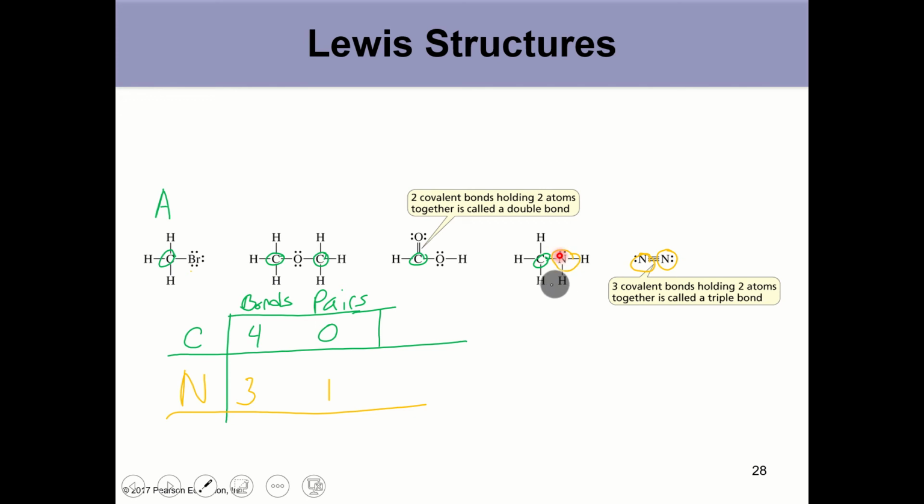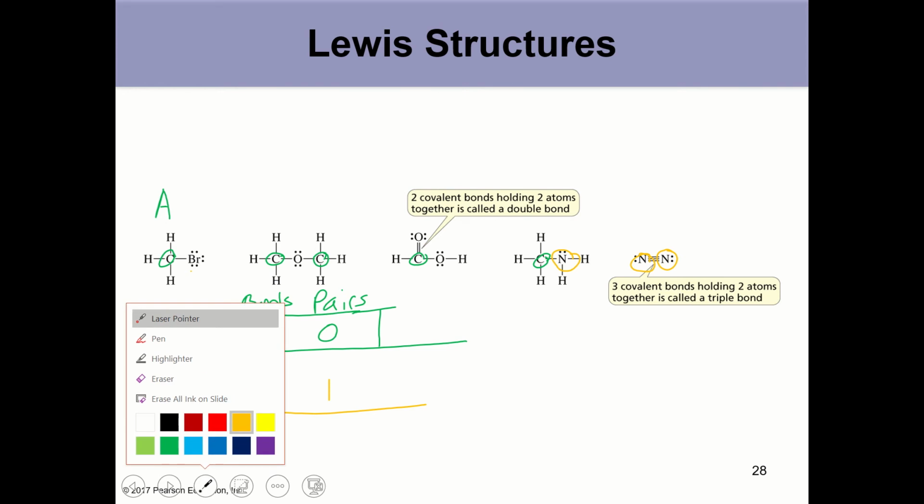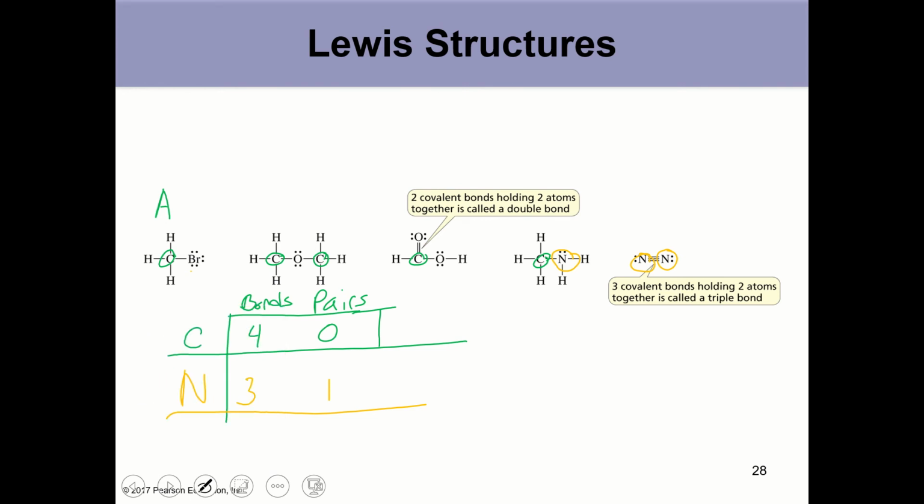This nitrogen, 1 bond to carbon, 2 bonds to hydrogen, that makes 3, and 1 lone pair. For N2, nitrogen has a triple bond to the other nitrogen, so both of those nitrogens have 3 bonds, and each of them also has 1 lone pair. So nitrogen is correct in these Lewis structures.